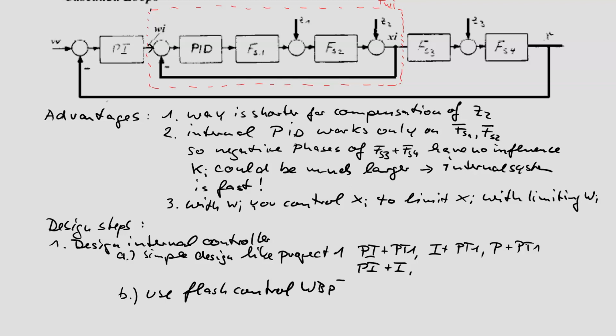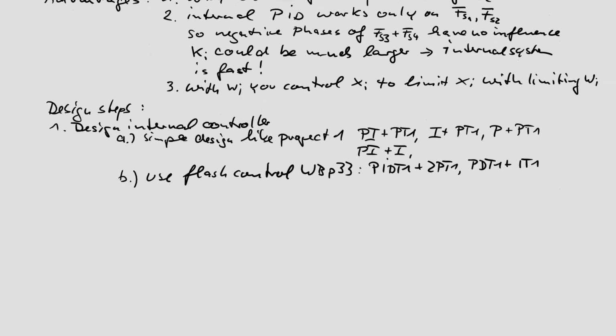Workbook page 33 gives some examples. The combination of PID T1 with 2 PT1s or PDT1 with IT1. This is possible. Yeah, if this combination appears here in your internal loop, use flash control.